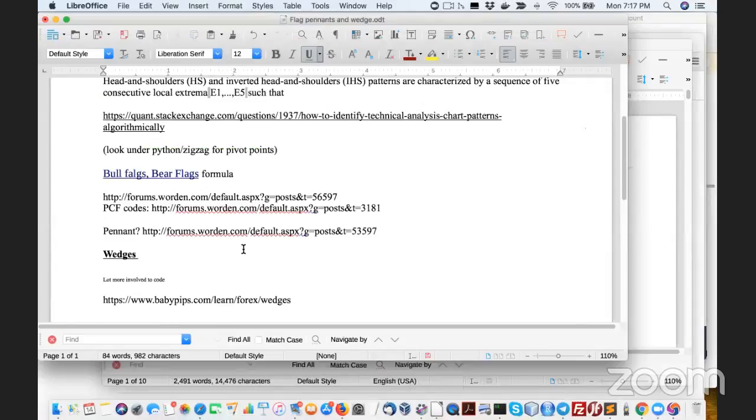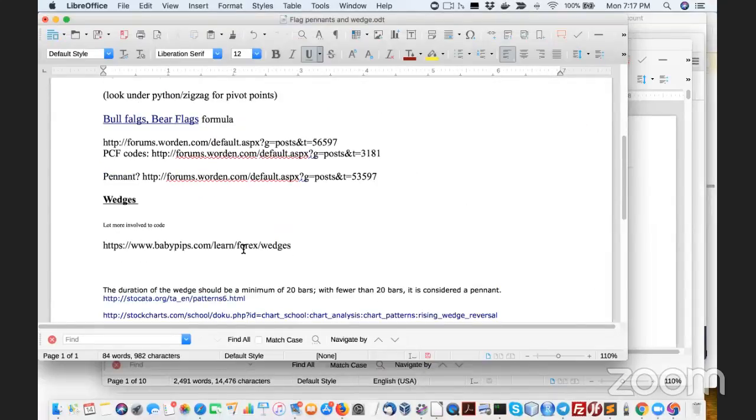The other one, out of all of them, from the coding perspective, from what I've seen, wedges are the more complicated, and there are more conditions here that you can use. Let me just show you that. I'll give you this link in the Zoom chat.